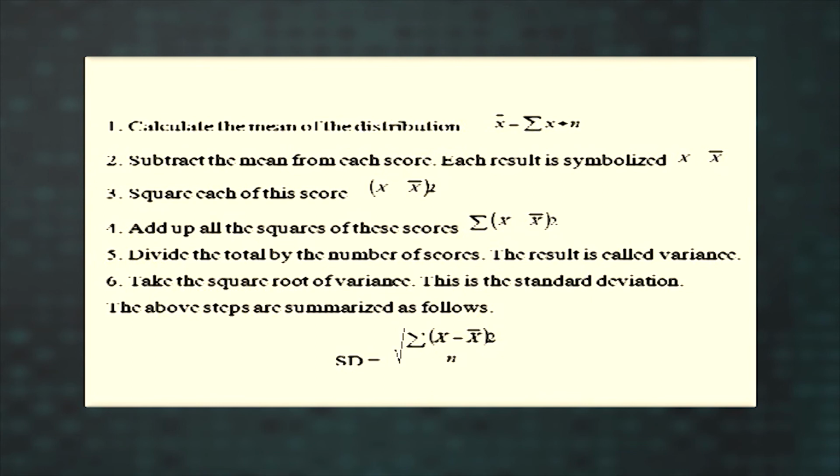Add up all the squares of these scores, sigma x minus x bar the whole square. Divide the total by the number of scores. The result is called variance. Take the square root of variance. This is the standard deviation. The above steps are summarized as follows. SD is equal to root of sigma x minus x bar the whole square divided by n.